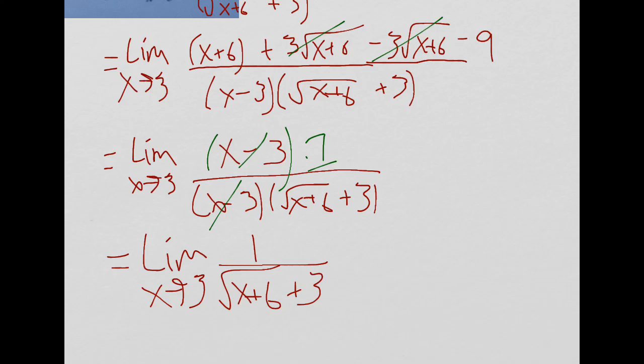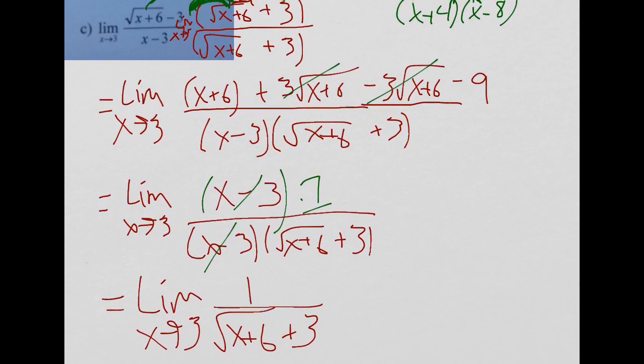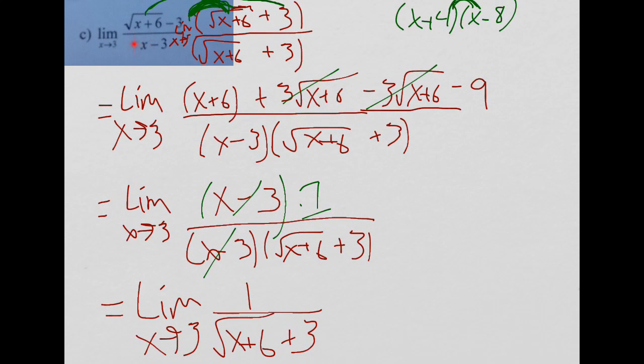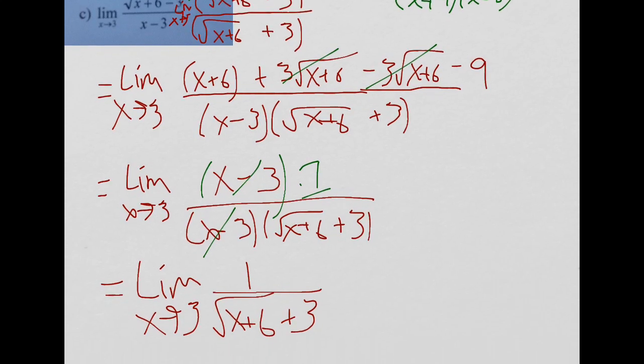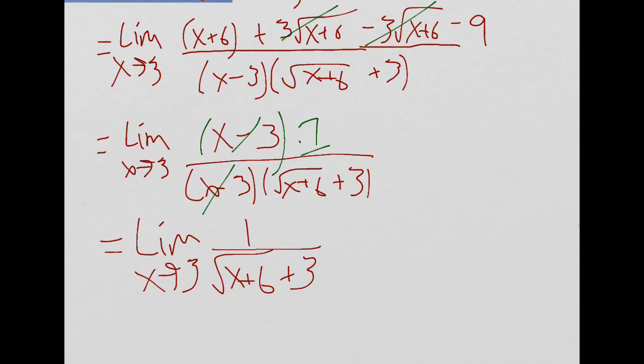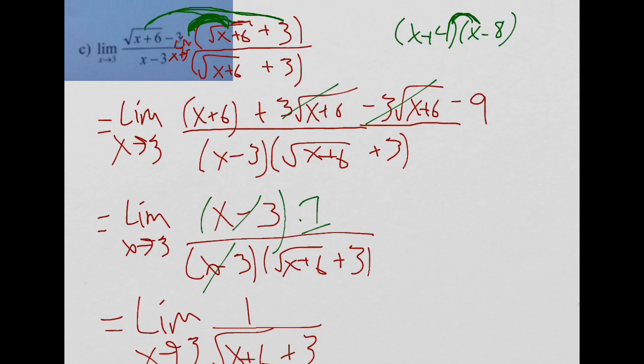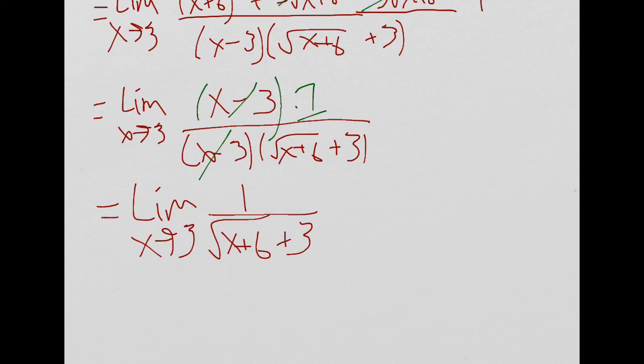Now notice, my initial problem was that I could not plug in 3 to this thing. And I continually had that problem all the way through until this step right here. Now I don't have that x minus 3 in the bottom, so I can just plug it in now. I'm just manipulating this thing until it's doable with the 3. That's all I'm doing. So that now I can just plug in 3.